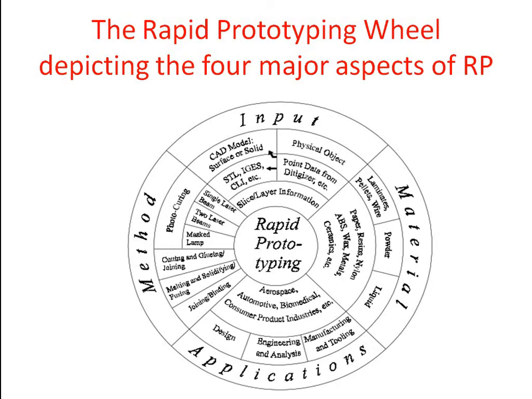Powder can be metal or ceramic, and for liquid, resin can be used. These types of materials we use in our rapid prototype machine. So many varieties of resins, papers, nylon materials, laminates, wires, liquids like resin, and some photopolymers are available.